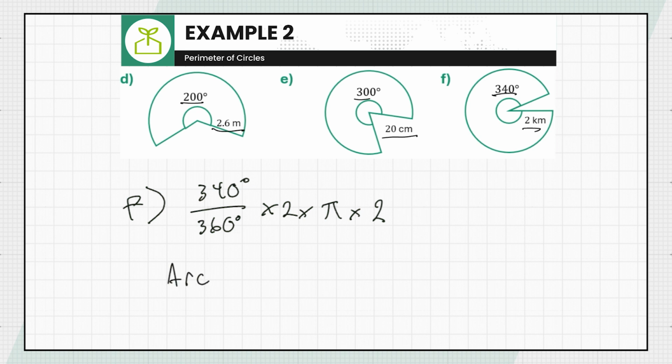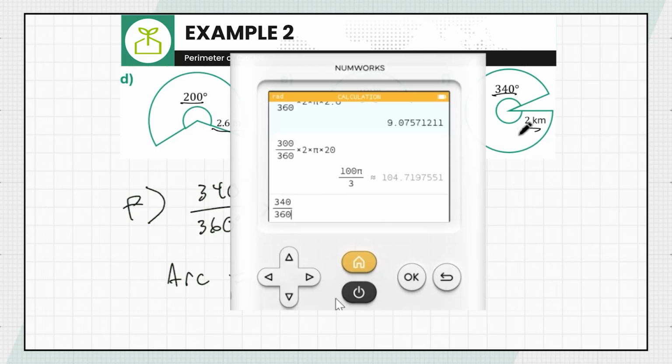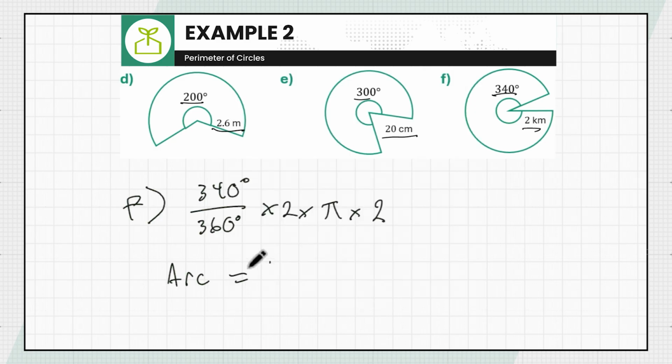So our arc is going to be equal to... the end result is 11.868, so to round to 2 decimal places would be 11.87. And that is in kilometers.